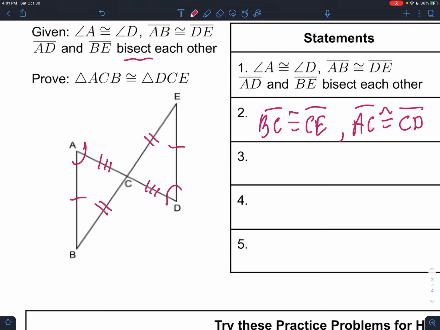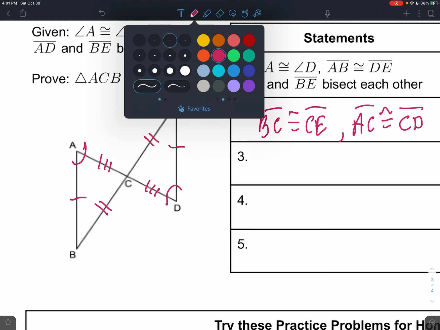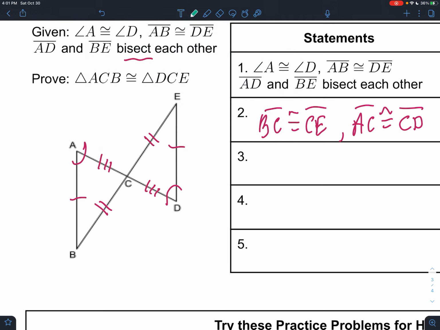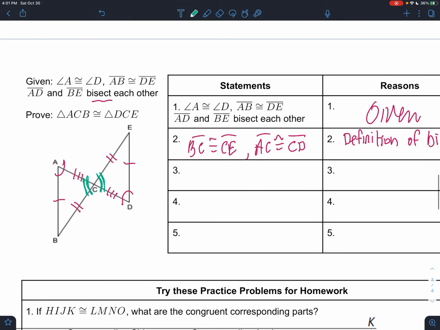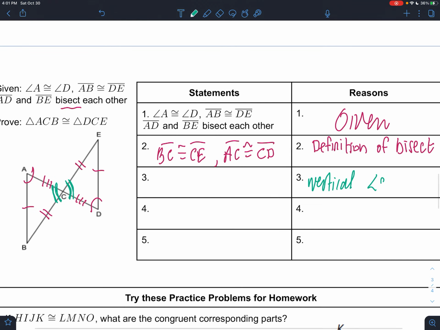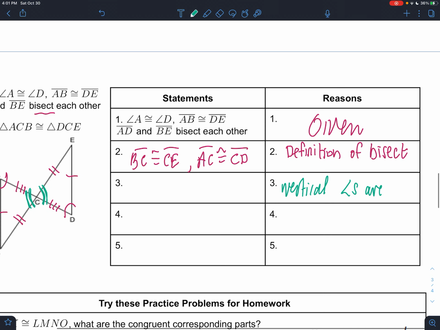We have no parallel lines, so we can't rely on that. But what do you guys think about this right here? What about those two angles? I think they're vertical, right? So vertical angles are congruent.